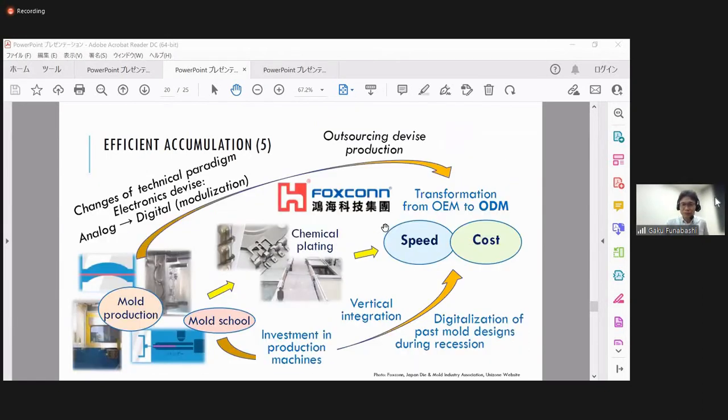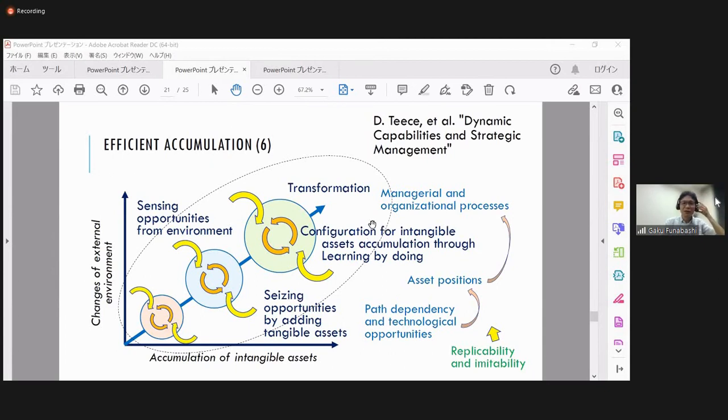And now let me explain about this dynamic capabilities. Now here we have both dynamic synergy and dynamic capabilities. The word dynamic, it's the opposite of static. Static, it's the situation at one point. Dynamic, it's moving.